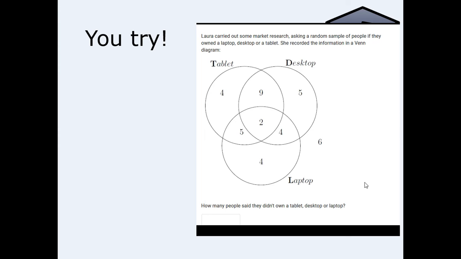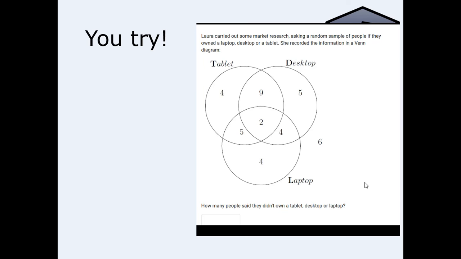Okay, here is another question I want you to have a go at as well. Laura carried out some market research asking a random sample of people if they owned a laptop, tablet, or a desktop. Again, this is the same Venn diagram we saw earlier. How many people said that they didn't own a tablet, a desktop, or a laptop?